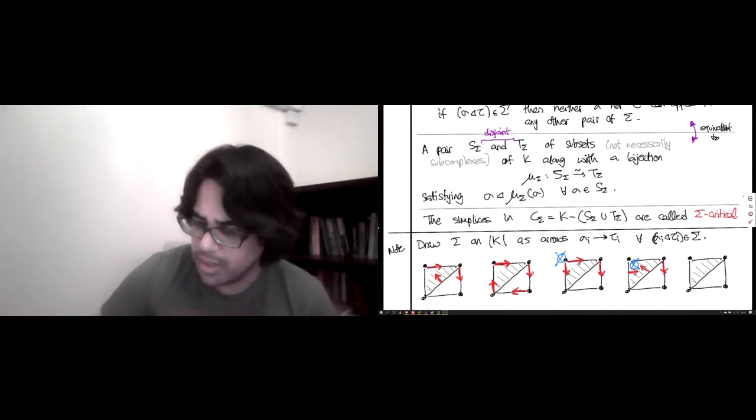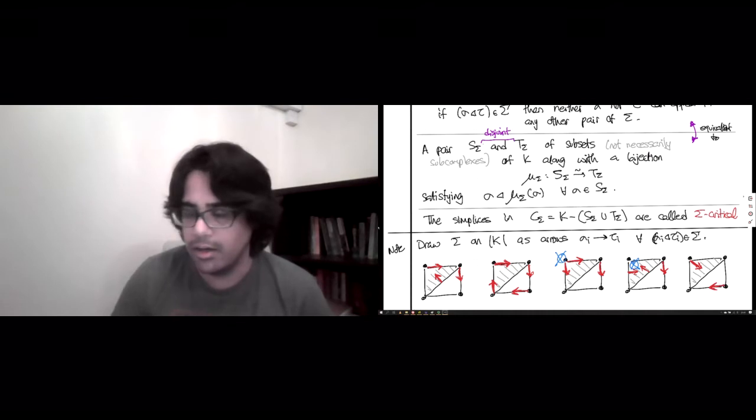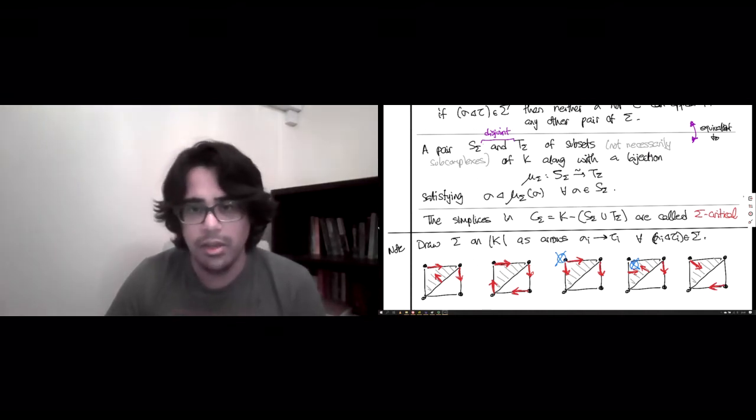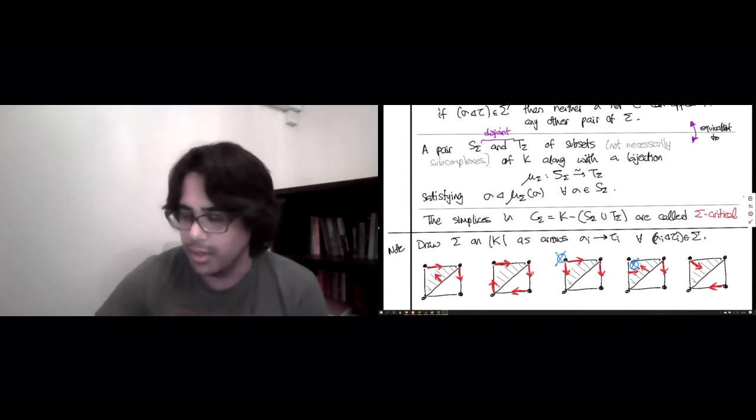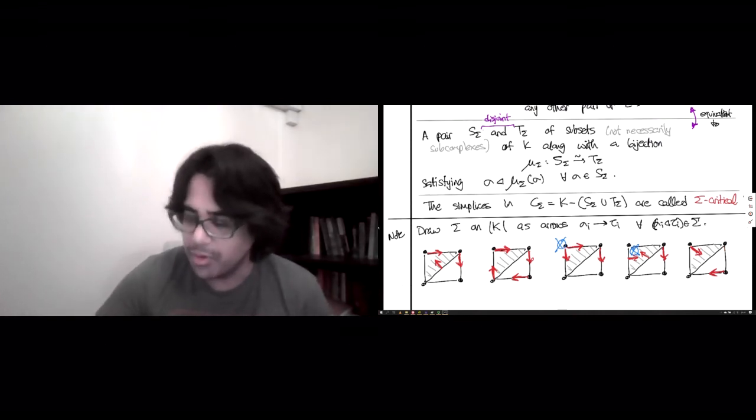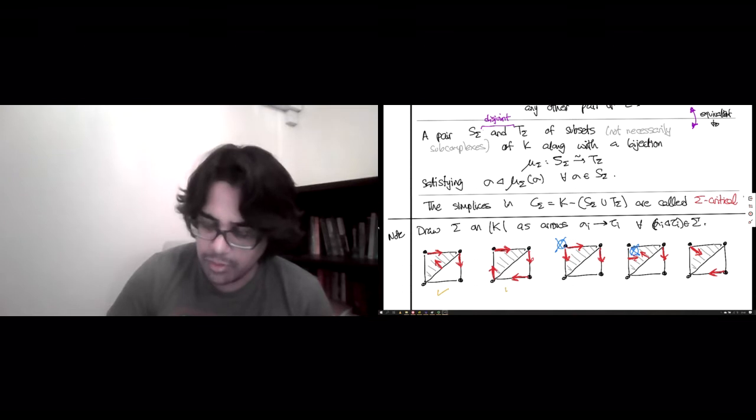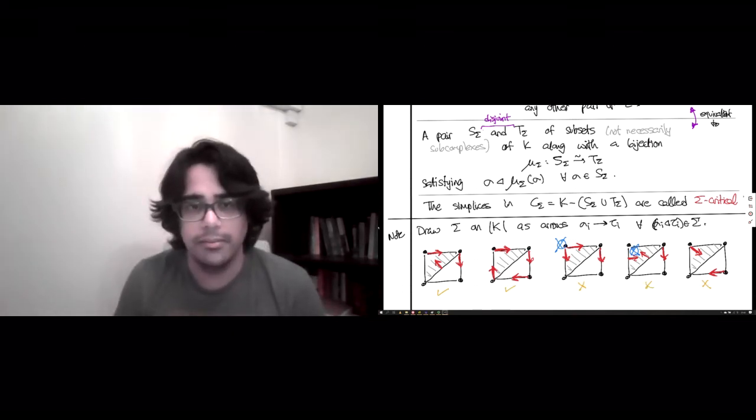And here's one that's not allowed for an even stupider reason, which is that we're pairing things that are that vertex and the 2 simplex, which are more than 1 codimension apart. So to summarize, this one's okay, this one's okay, and these 3 are failing our criteria.